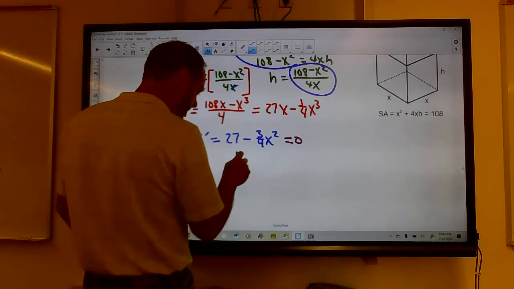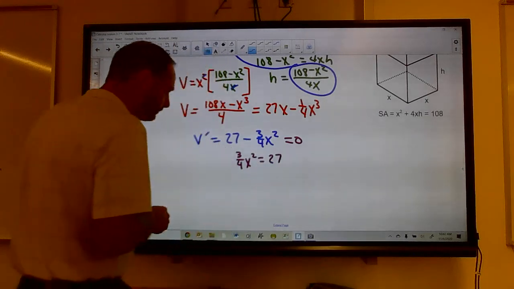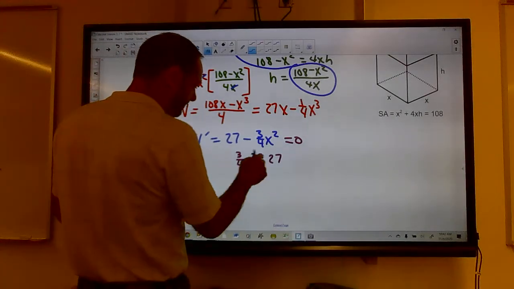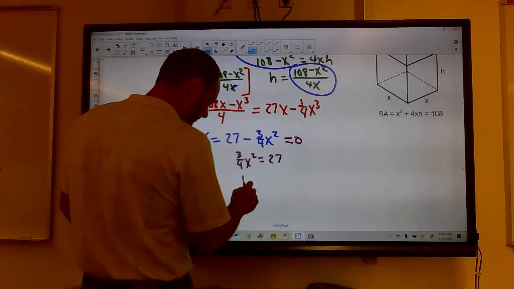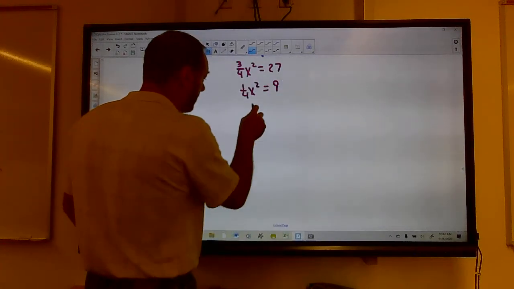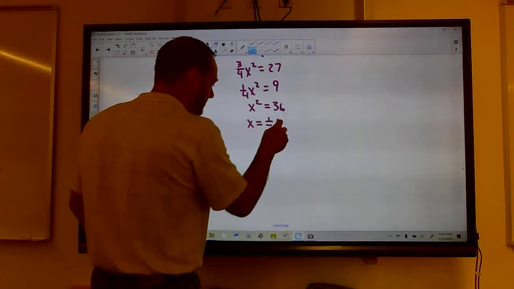So I'm going to move this over here and end up with 3/4 x squared equals 27. Let's divide by 3 first. So that'd be 1/4 x squared equals 9. And x squared is going to equal 36, which means x is plus or minus 6.